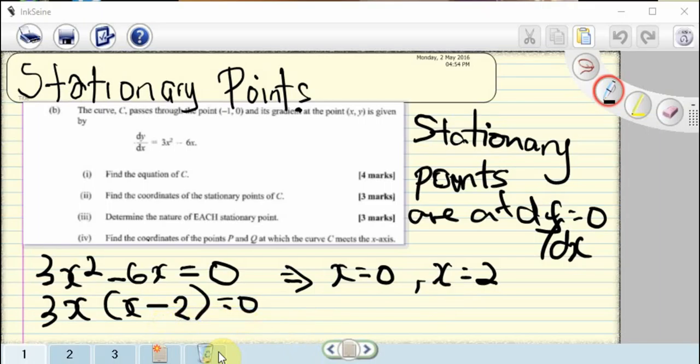If the sign of the second derivative, that is d squared y by dx squared, is negative, then it's a maximum value. If the sign of the second derivative is positive, then we'll obtain a minimum value.